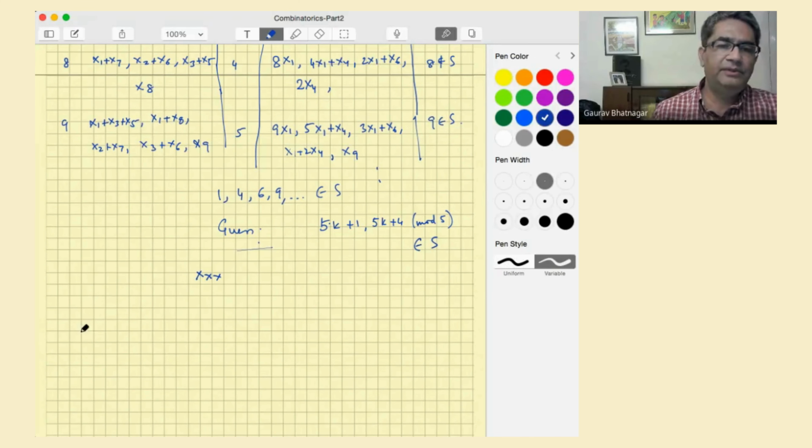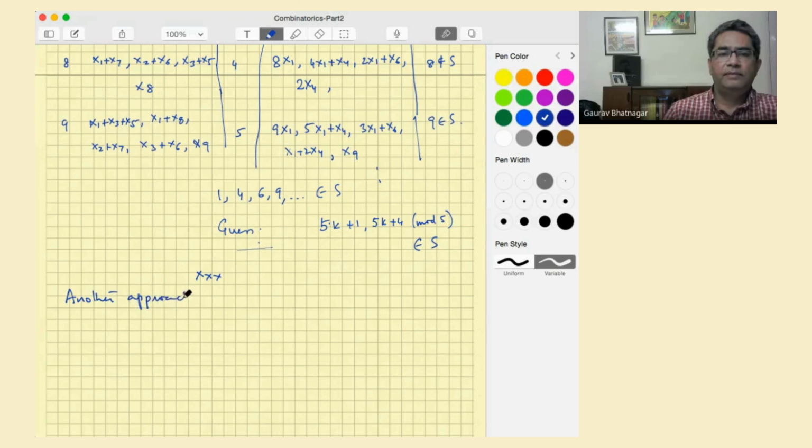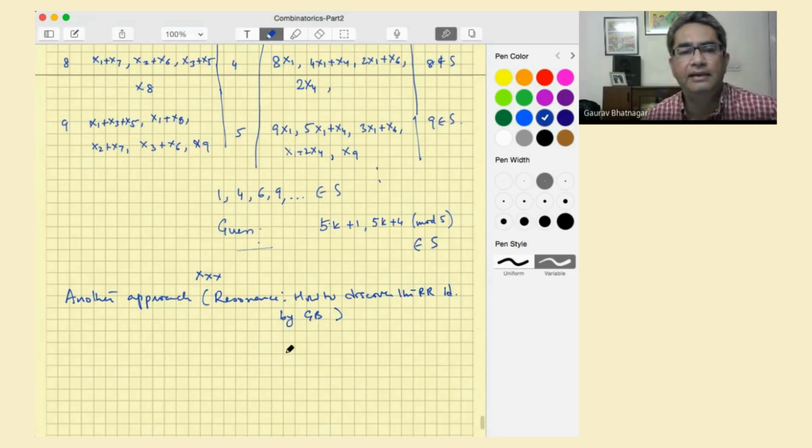Okay, there's one more thing I can just add here. There's another approach. I'm not giving the complete approach, but it is covered in a paper I have, on how to discover the Rogers-Ramanujan identities by me. It's available on my website.